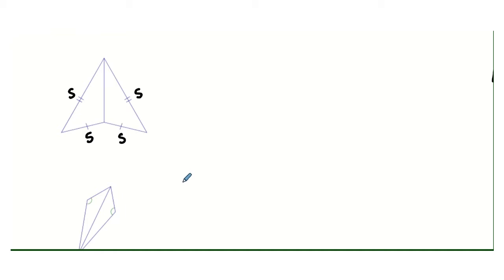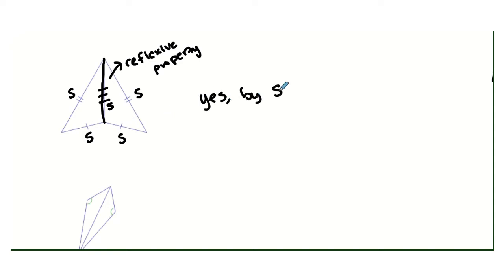And I can because these triangles share this side. So I can say that this side is congruent to itself. And remember, that is called the reflexive property. So now I have side, side, side. So these are congruent by SSS.